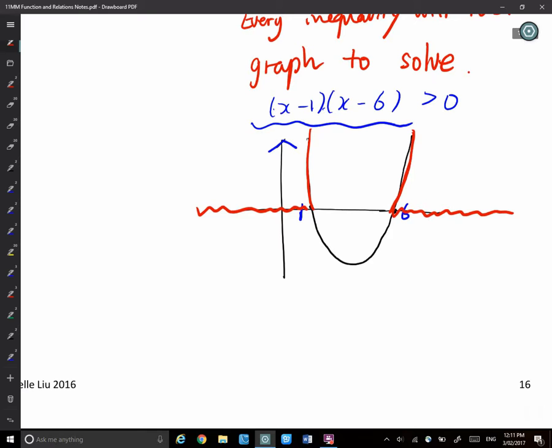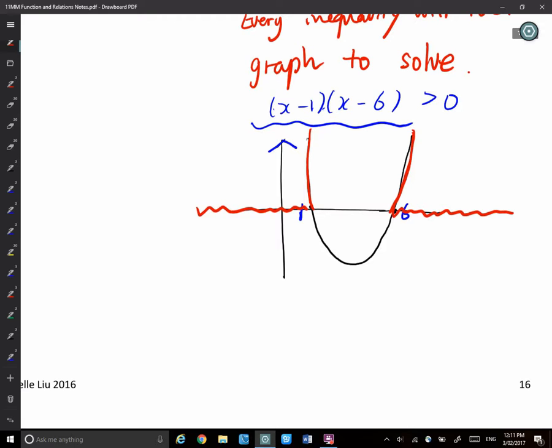I want y greater than 0, which is this part of the graph and this part of the graph. So the x values that give you those graphs will be this part of the x and this part of the x. You see that? So not this part.